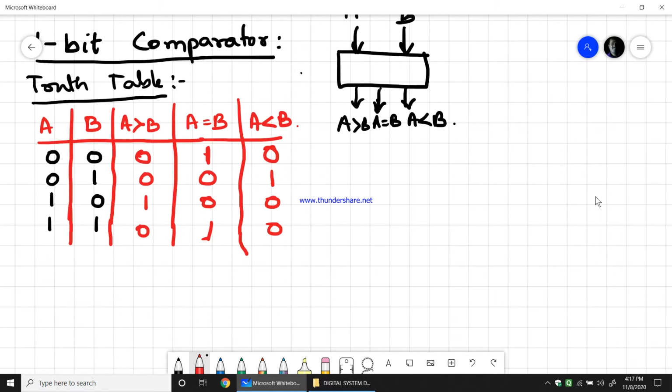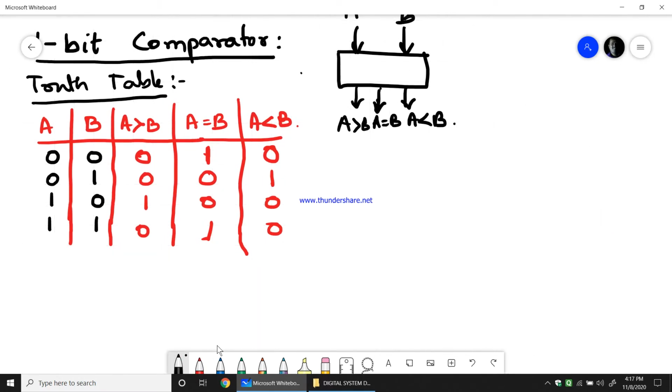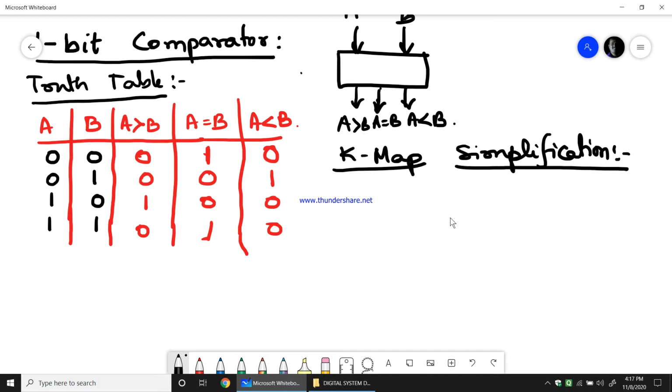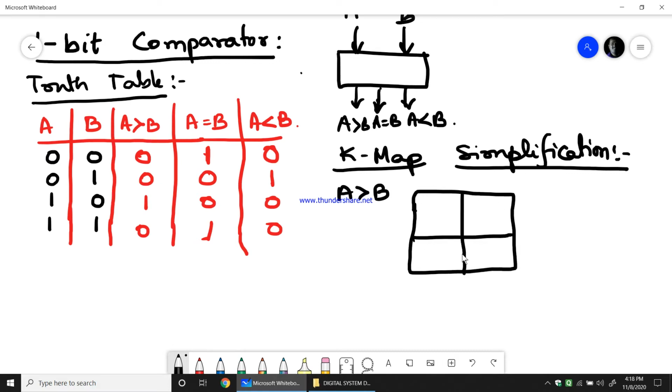Now we will do K-map simplification to get the expressions for A greater than B, A equals B and A less than B. For A greater than B, the K-map is a 2-variable K-map, so we get 4 boxes. This is A, this is B, so 0, 1, 0, 1.